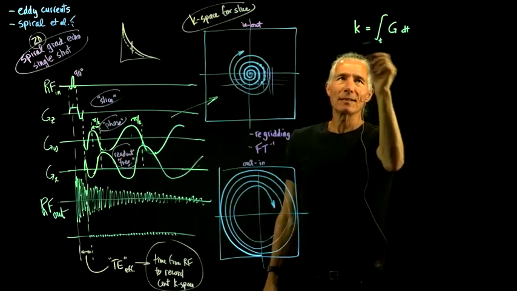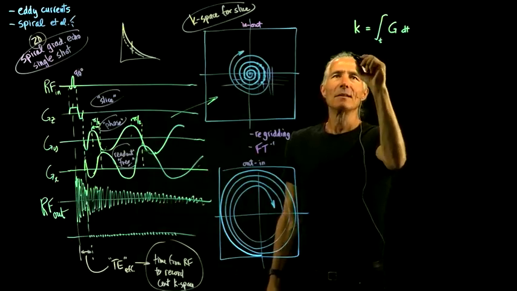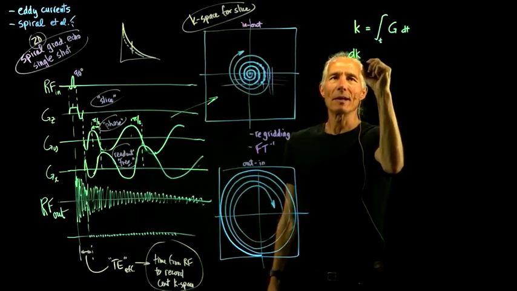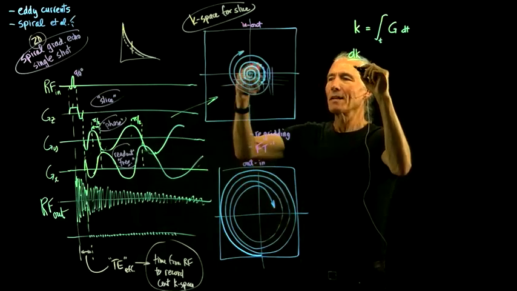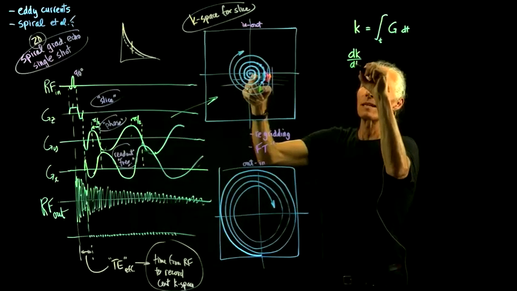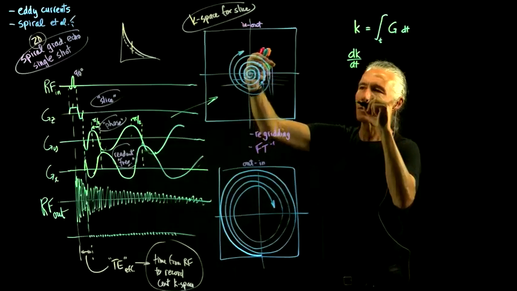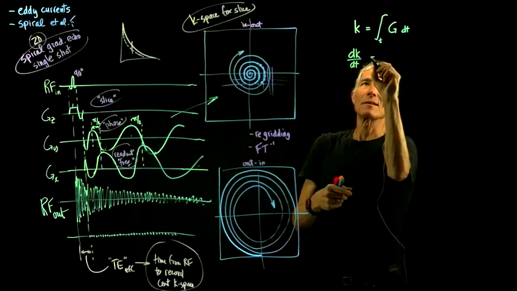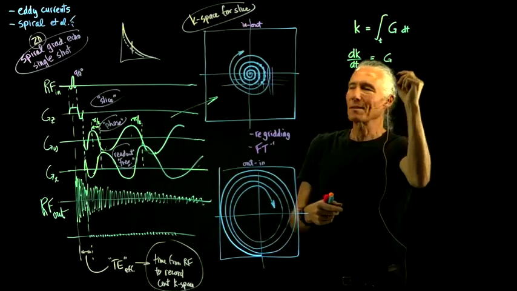But alternatively, if you take the derivative of both sides here, if you want to go the other way, then you can say, here's something I want to do in k-space. If I take the derivative of that, the rate of change of that thing, that's going to be equal to the gradient.